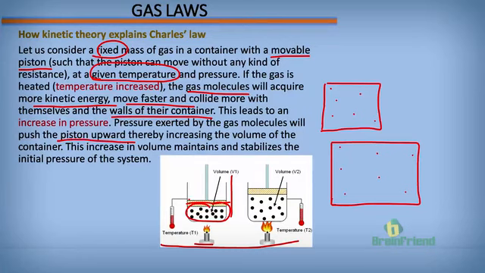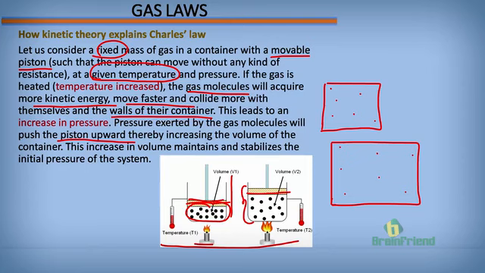Remember we said that this piston is movable. So this piston is going to move up because of the pressure these gas molecules are giving it. And when it moves up, it means the volume of the container has been increased. So this piston moves up to this point.